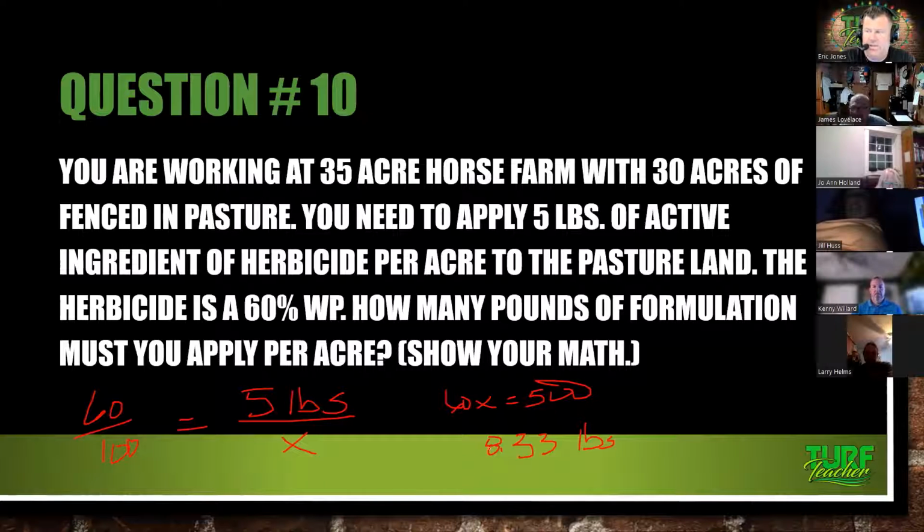Because it's asking us just how many pounds of formulation must you apply per acre. We do have a 35-acre horse farm, 30 in that, but the question only asks us per acre. So we need 8.33 pounds per acre. If we wanted to figure out an amount, it's the 8.33 times the 30 for the actual horse pasture.